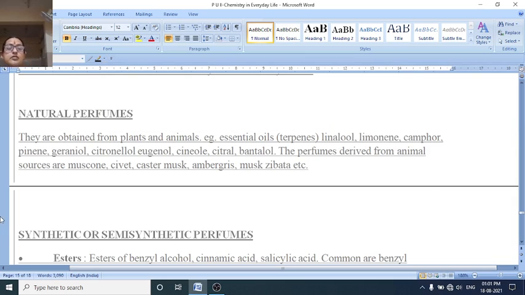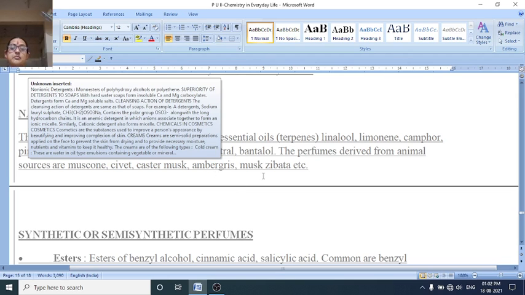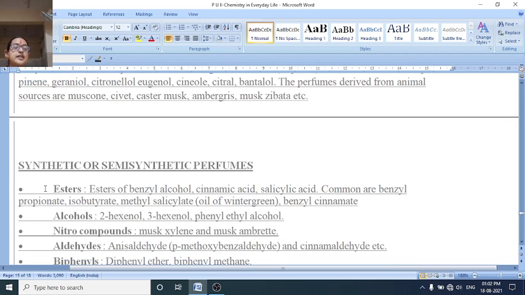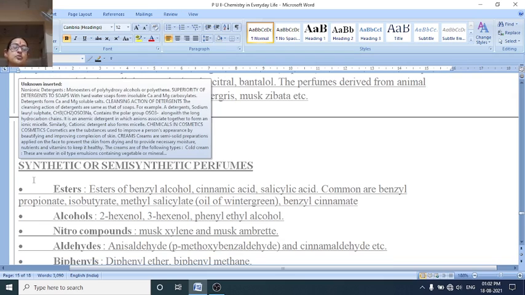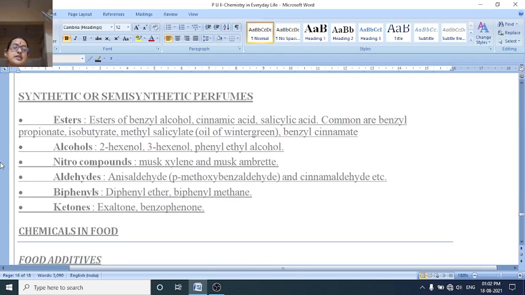These are the natural perfumes, whereas the perfumes derived from animal sources are muscone, civet, castor, musk, ambergris, then musk zibeth. Next, what we are moving to is synthetic or semi-synthetic perfumes. These are esters, alcohols, nitro compounds, aldehydes, biphenyls, ketones.